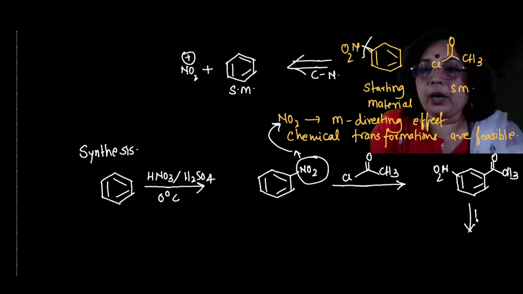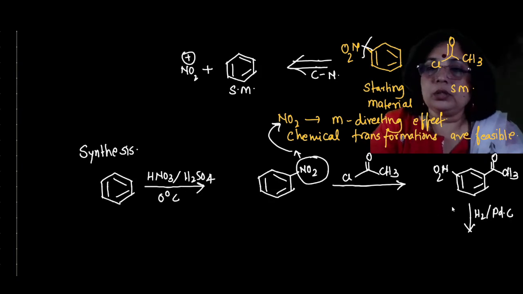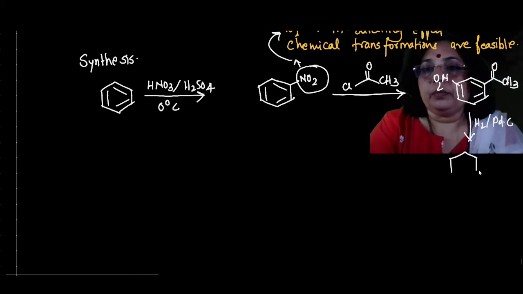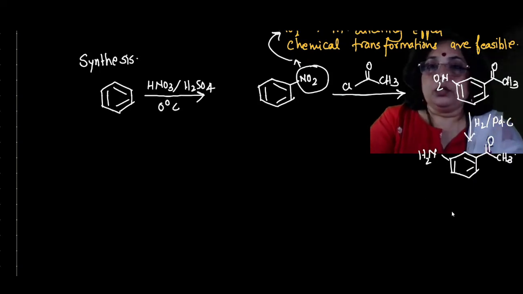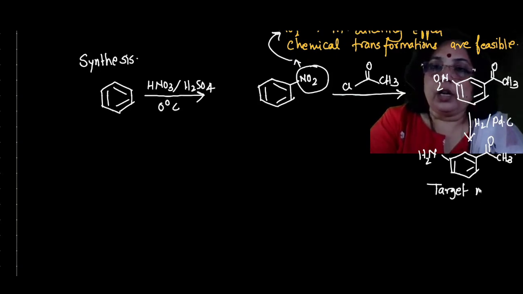Then the remaining part will be palladium and charcoal. Simple reduction will give you the formation of your target material. So this will be your NH2 and COCH3. So this is your target material or target molecule.